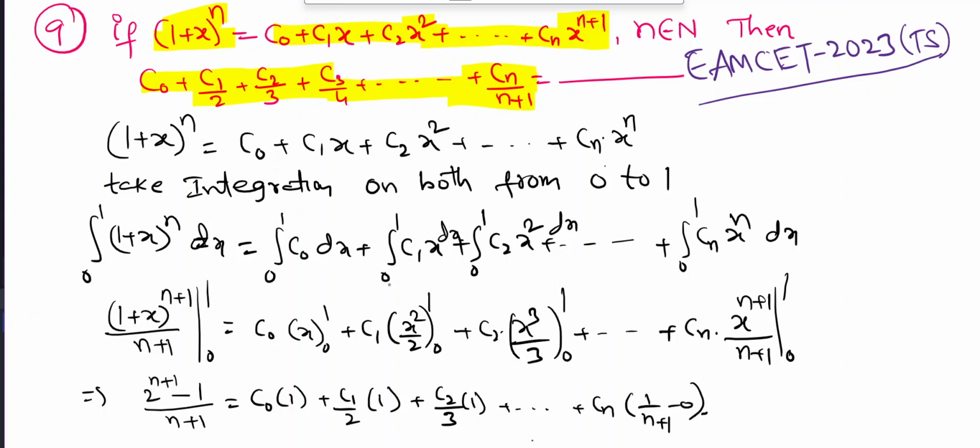So this is the required answer, that is c0 plus c1 by 2 plus c2 by 3 up to cn by n plus 1 is equal to 2 to the power of n plus 1 by n plus 1.